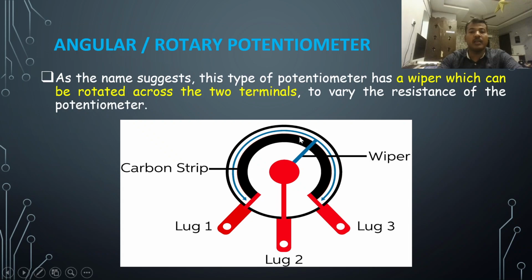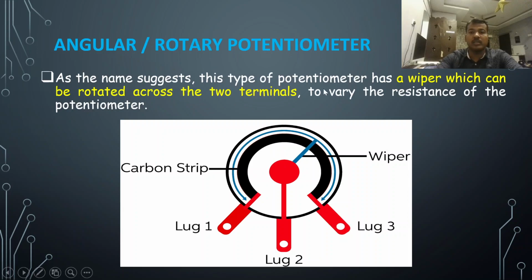The angular or rotatory potentiometer is a small device, which is what we generally use in our laboratory. We have a rotating strip, so the space occupied by this potentiometer is very low, a few centimeters.